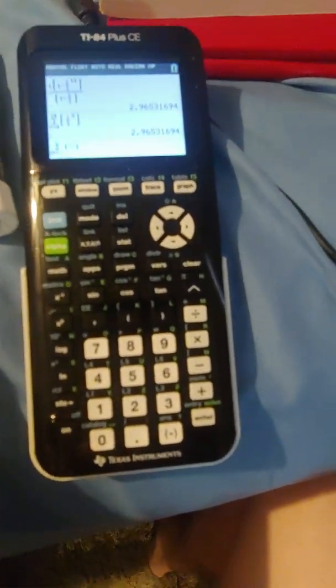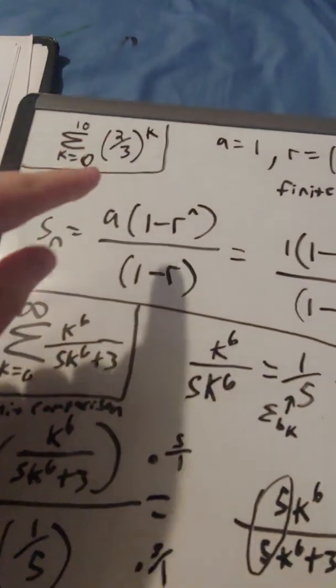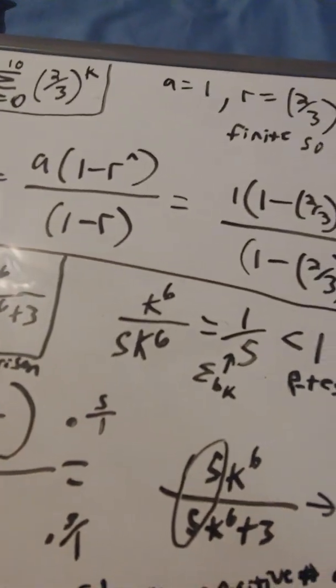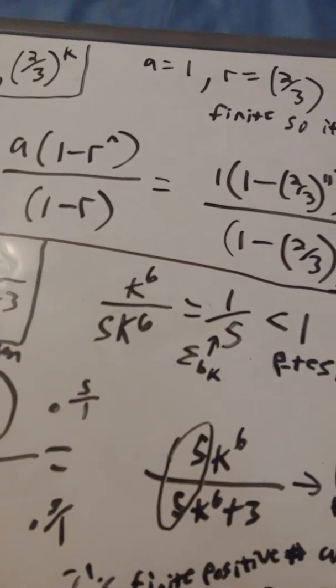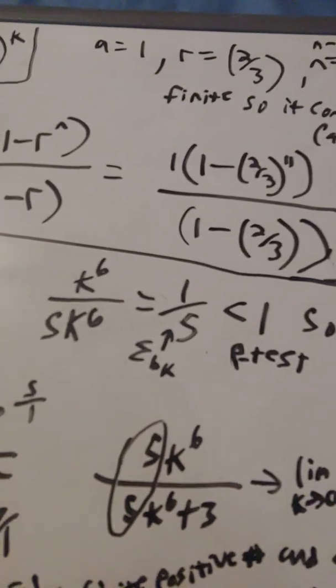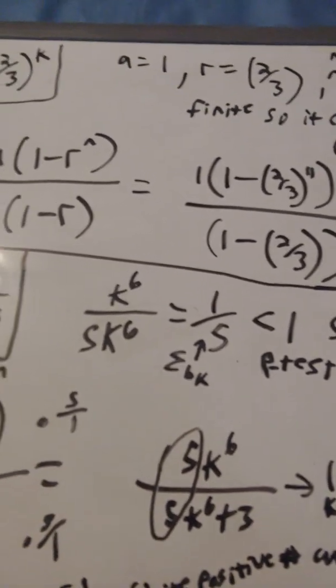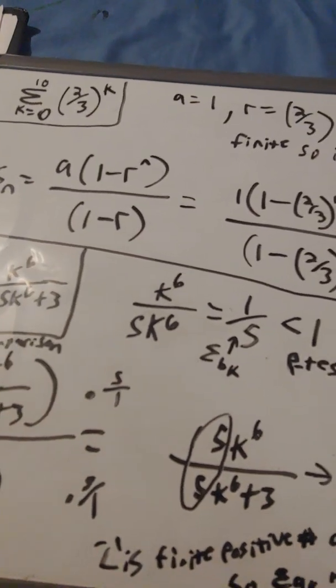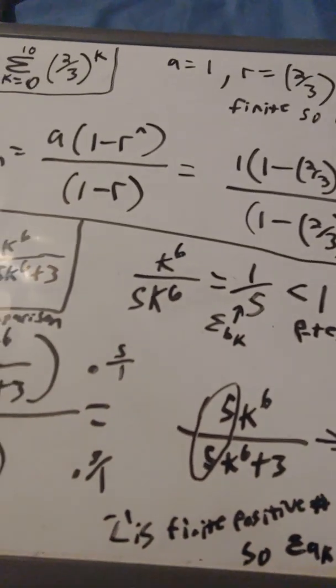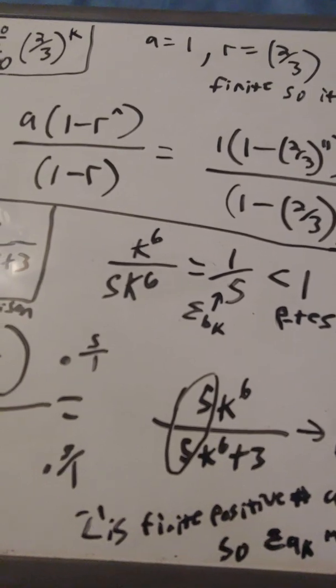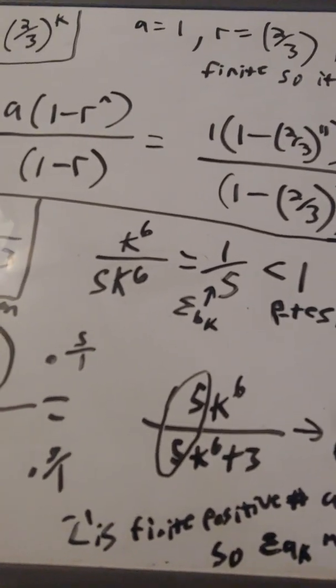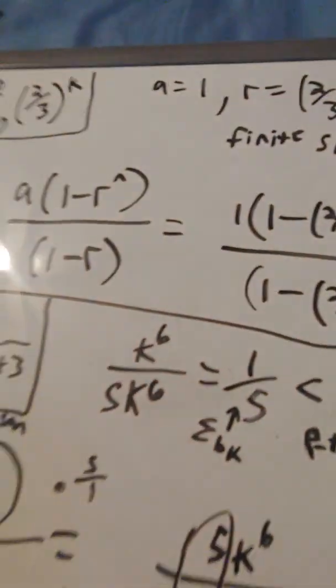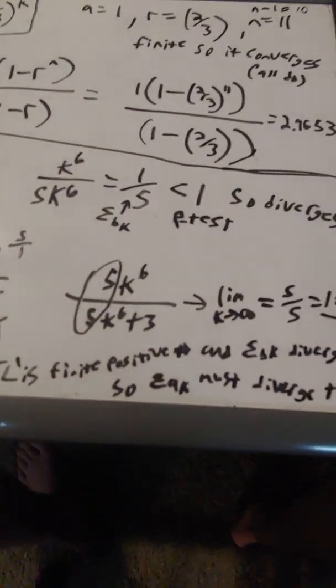The only thing is you have to put the numbers in exactly as you see them, and if you're asked to give the problem in terms of pi, you have to do it by hand because the calculator won't give it to you in terms of pi. And the more complicated problems, technically the calculator can solve them, but you might be waiting for 20 or 30 minutes. So it's a lot quicker and easier, honestly, to do it by hand. But there is an option in your calculator for these simpler problems. It will solve it for you.